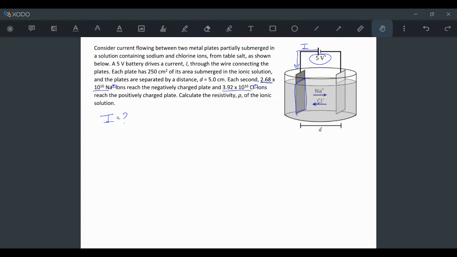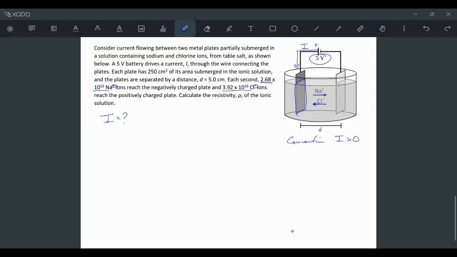The chlorides are negative, the sodium ions are positive, and the key thing that we want to remember is convention says that current is positive. So even though that current comes about from the movement of electrons, when we're doing the physics, when we're doing all the drawings and the schematics, we assume that it's a flow of positive charges.